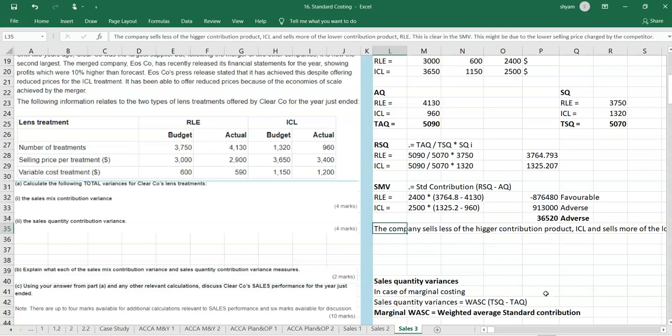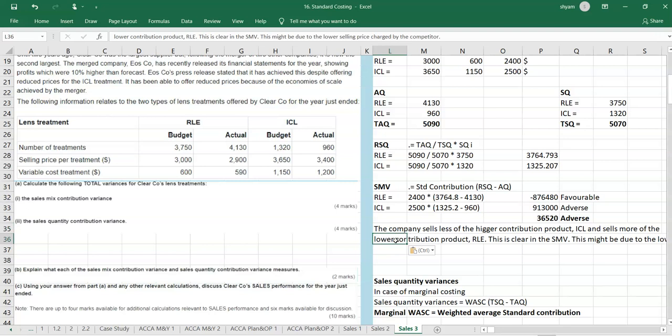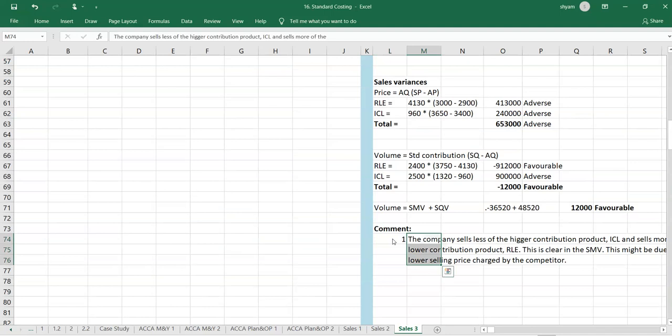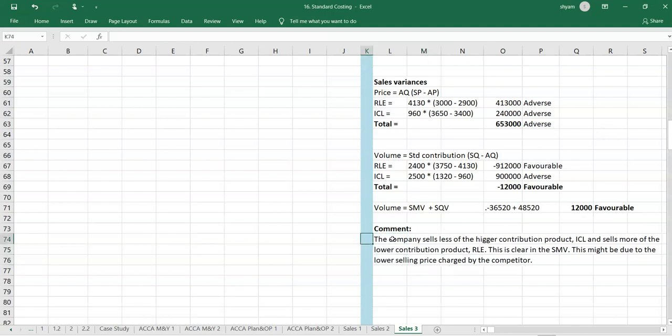So this can be the concept. First point we have got it, and we'll note it here.